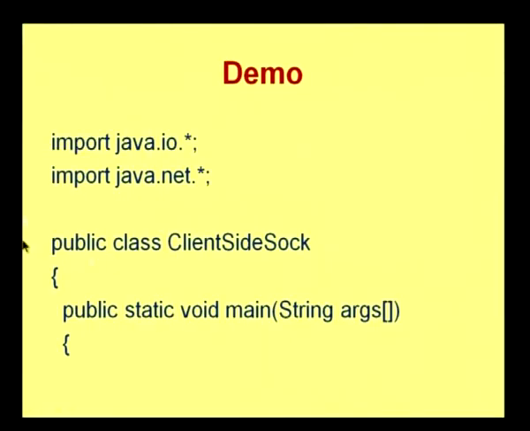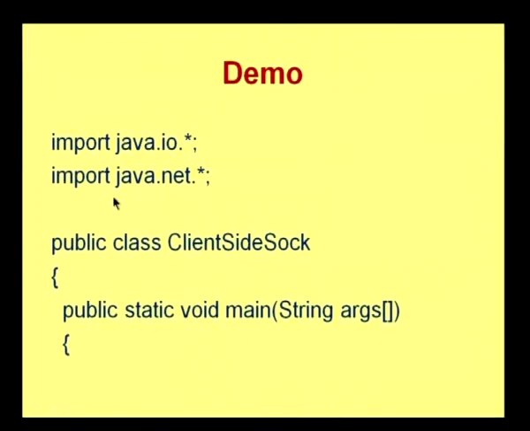So here is a sample client-server program where we have created a client that is using a socket, and a server program where we have used server socket, and we are trying to make connectivity between these two, the client program as well as the server program. You can see that the io package as well as the net package has been imported.